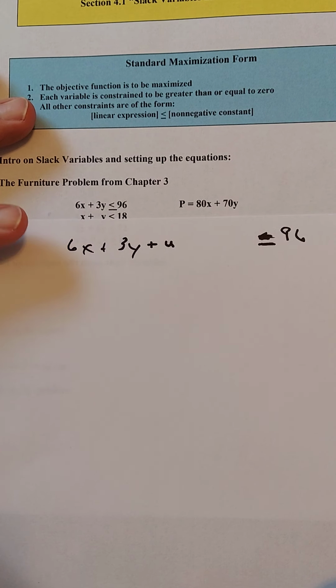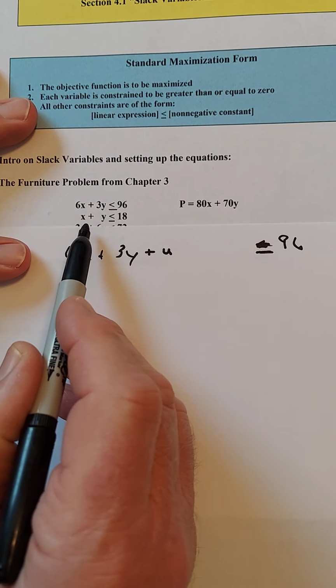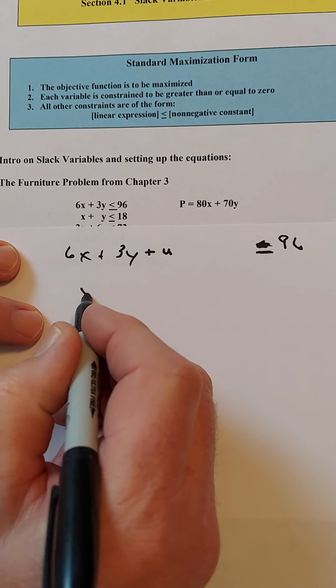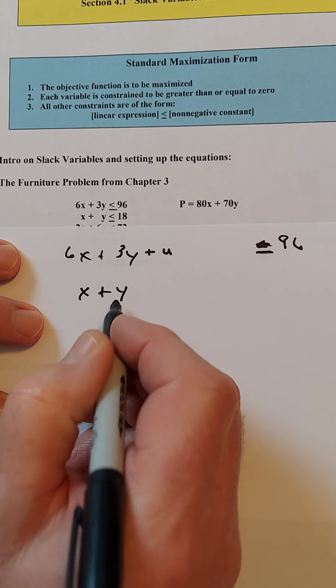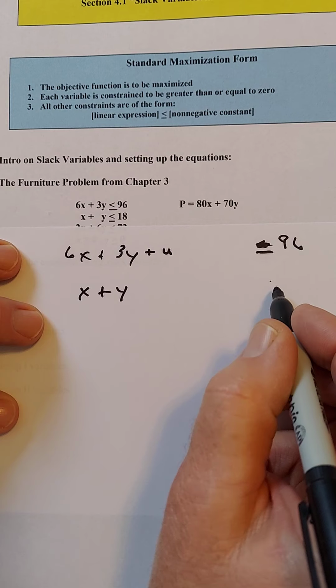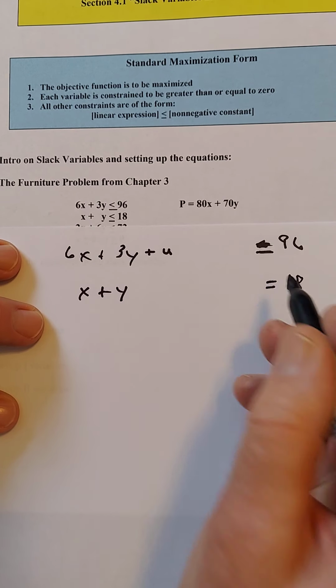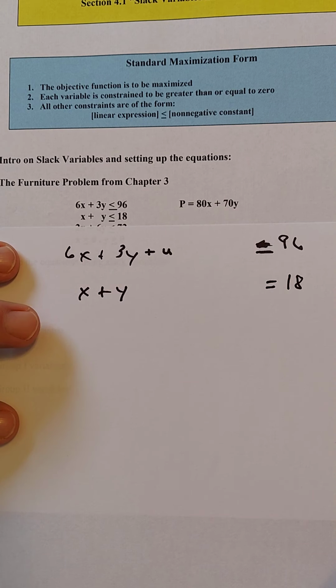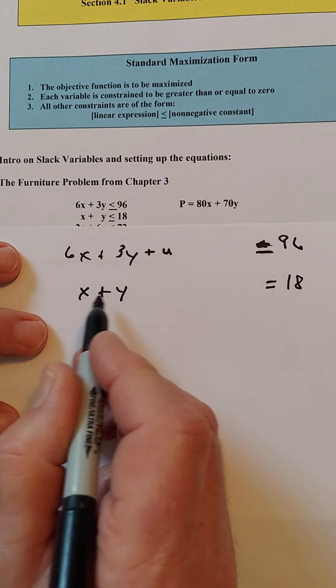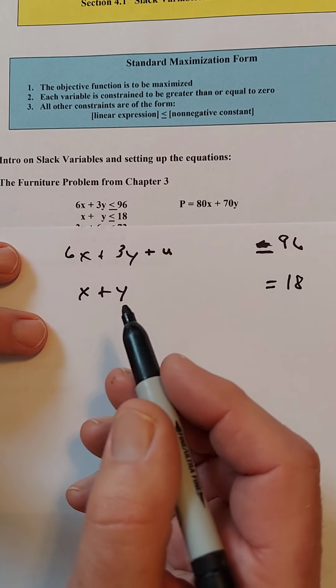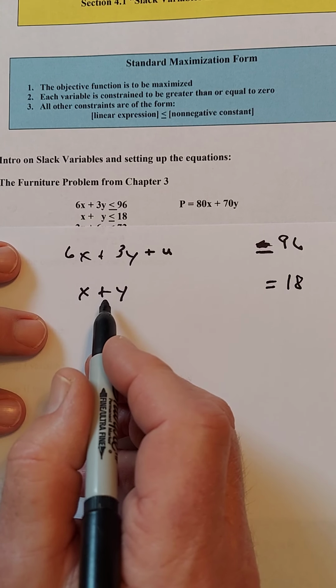Okay, fine. Let's go to the second inequality I have right here. X plus y, and that's less than or equal to 18. But I want to make it equal to 18. So perhaps when I took x plus y, just for example, maybe it actually added up to 17.